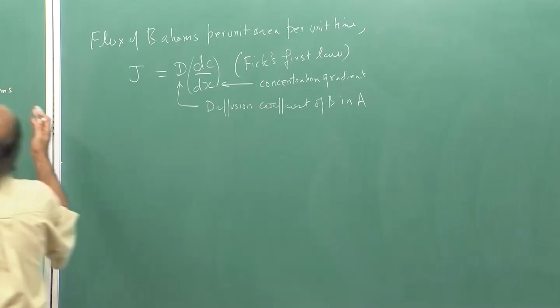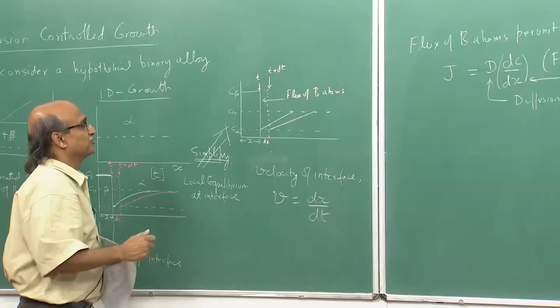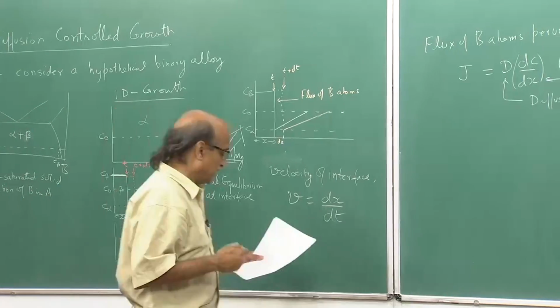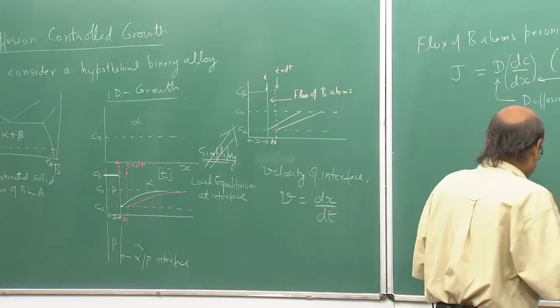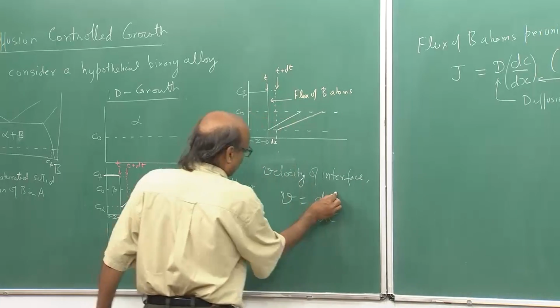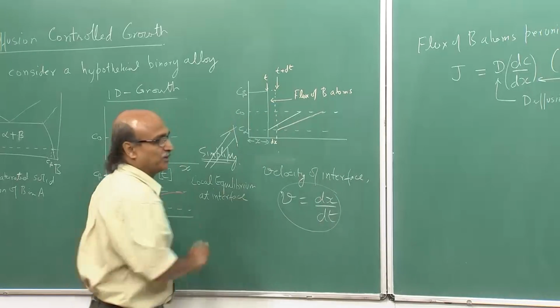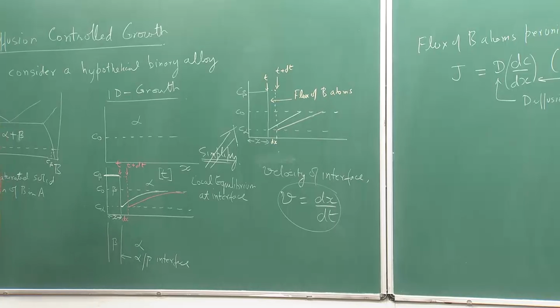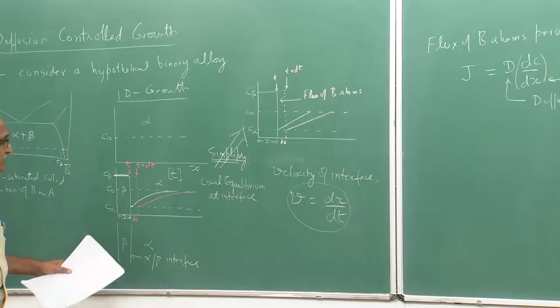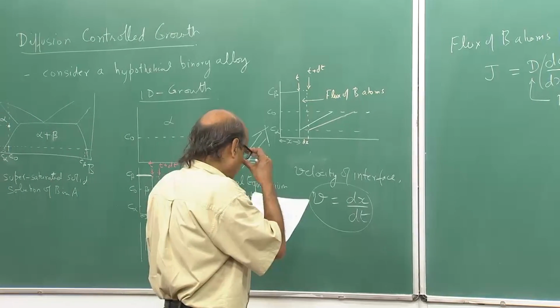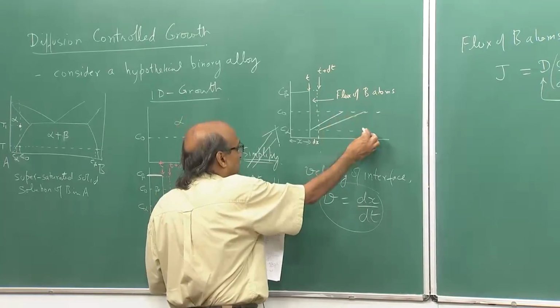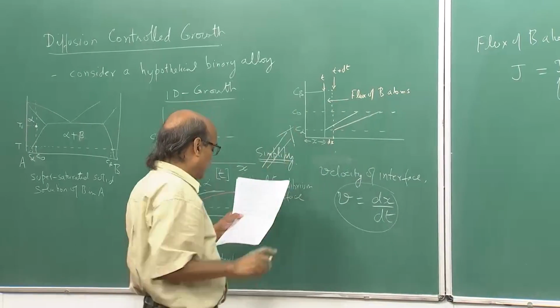So, this is the rate at which B atoms are going to move per unit area per unit time. The velocity of the interface is dx by dt. So, at what rate essentially solute, B atoms, is getting added to beta.